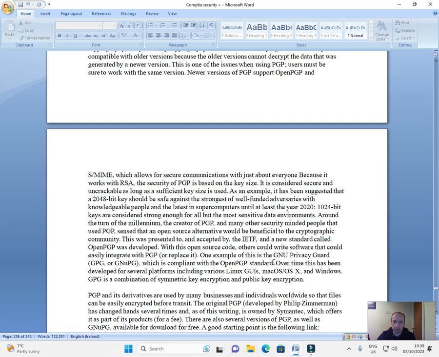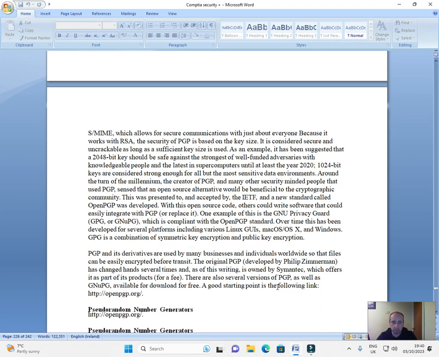One example of this is the GNU Privacy Guard, GPG or GnuPG, which is compliant with the OpenPGP standard. Over time, this has been developed for several platforms including Linux GUIs, Mac OS X and Windows. GPG is a combination of symmetric key encryption and public key encryption.